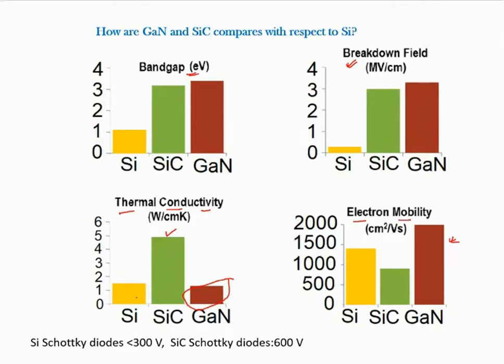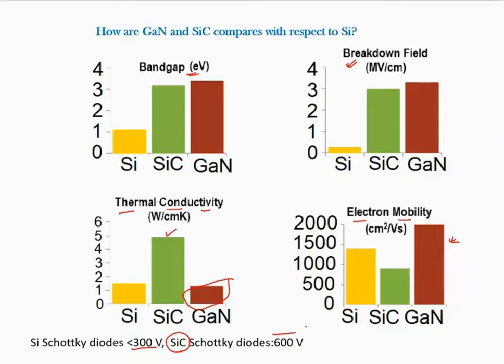And just to give you a figure, the Schottky diode you are very familiar with. It's a metal and semiconductor junction. When silicon-based Schottky barrier diodes are available at less than 300 volts, the silicon carbide-based counterparts are available for 600 volts also.